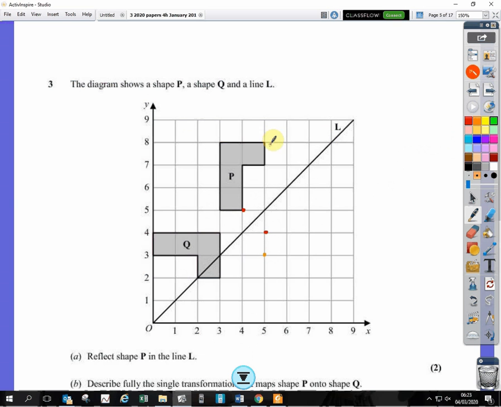Here from the line we go 3 across, so we go 3 down. And the next one we go 5 across, so we go 5 down. Let's keep doing this. 3 across, so we go 3 down. Okay, it's that one. I've done all of them. Okay, so you can join the points up now.